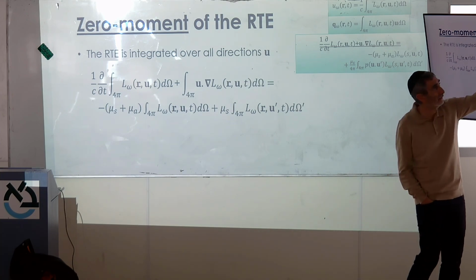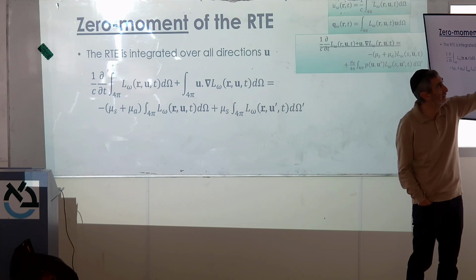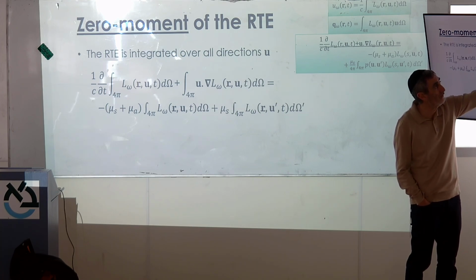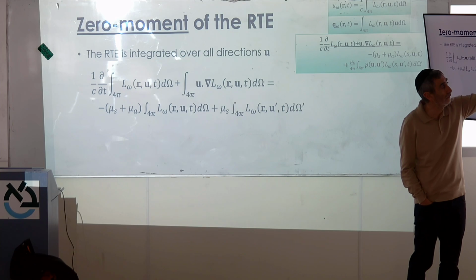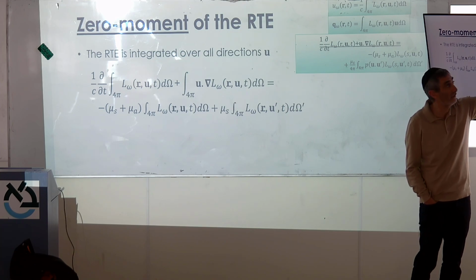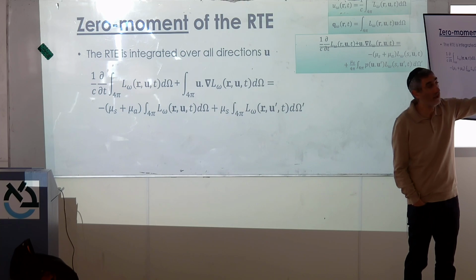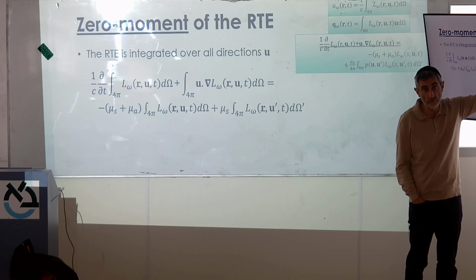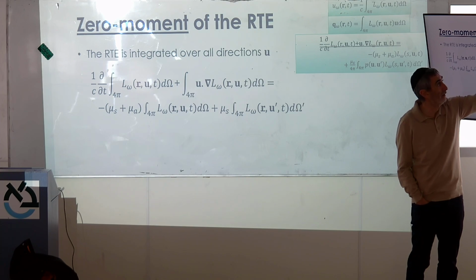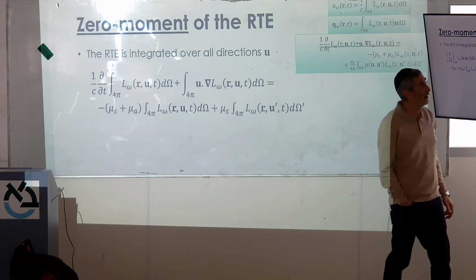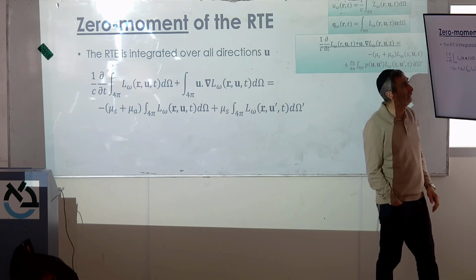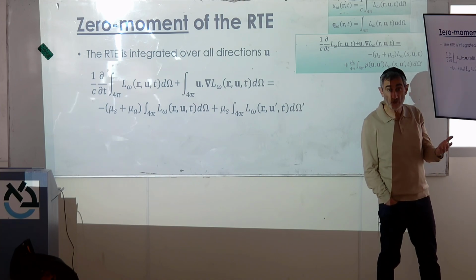If I integrate this term over all directions of u, the integral here is over u prime, d omega prime, but you take the integral over all possible u. This integral can be put inside, so you integrate first p of u prime, d omega, and this is 1 by normalization.